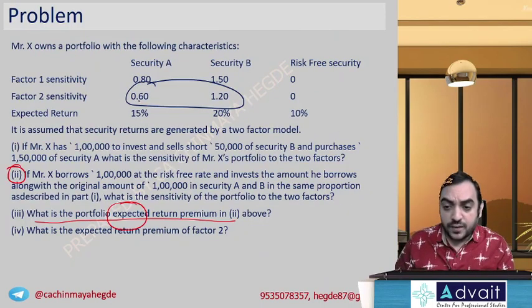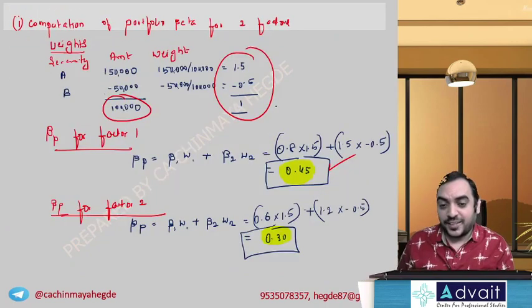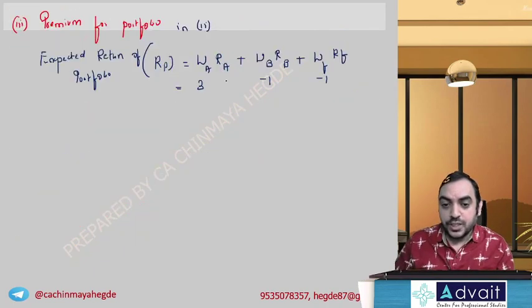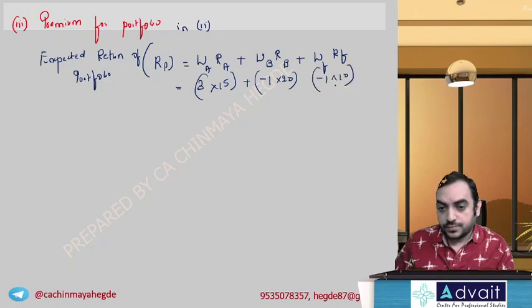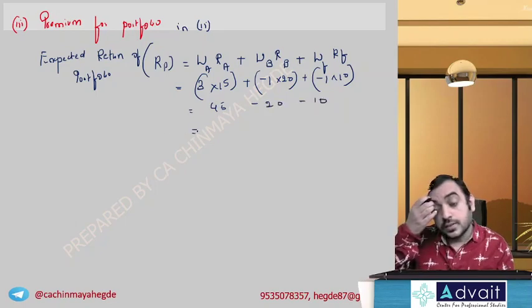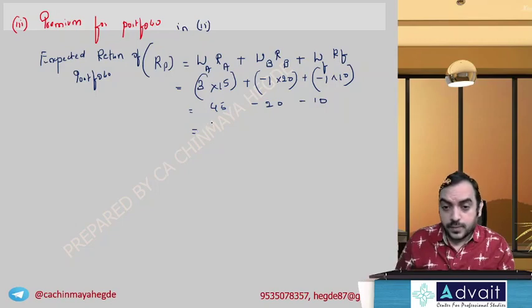What are the returns we have? 15, 20, 10. So 45 minus 20 minus 10, I think that is 15.